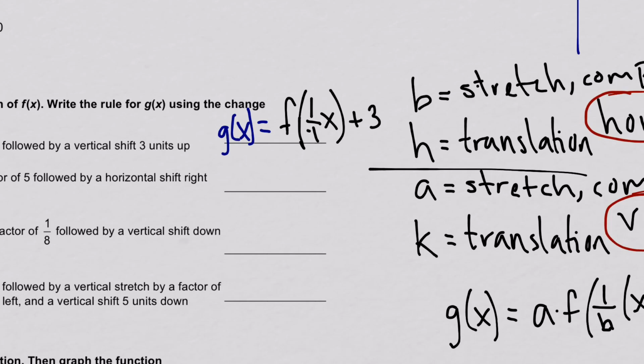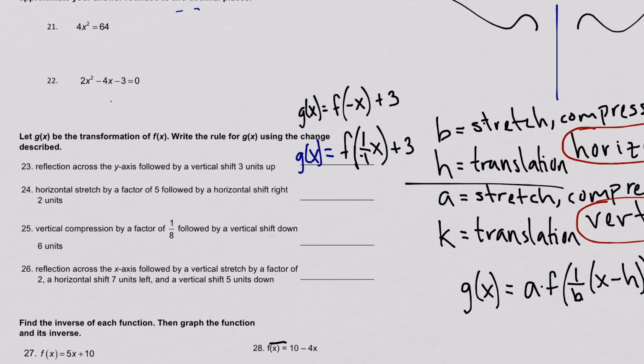Now you can rewrite that and clean it up as f of 1 over negative 1, which is simply negative 1, so f of negative x plus 3. Done. That is your g of x. As we go through the 4, hopefully all of your doubts will be answered. You will see more and you'll manage to work through all of them.